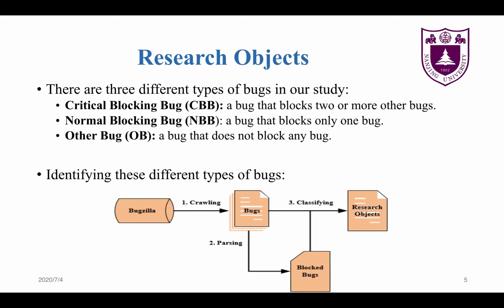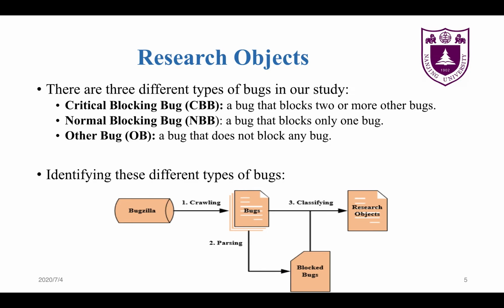Because we want to study the characteristics of CBBs, we need to compare the differences of these bugs. So we divide the bugs into different types. CBB is a bug that blocks 2 or more other bugs. Normal blocking bug, MBB, is a bug that blocks only one bug. Other bug, OB, is a bug that does not block any bug.